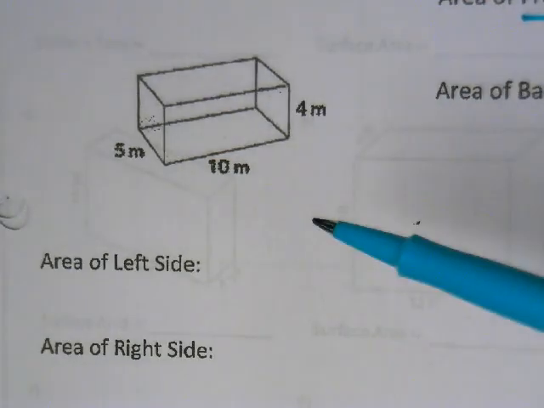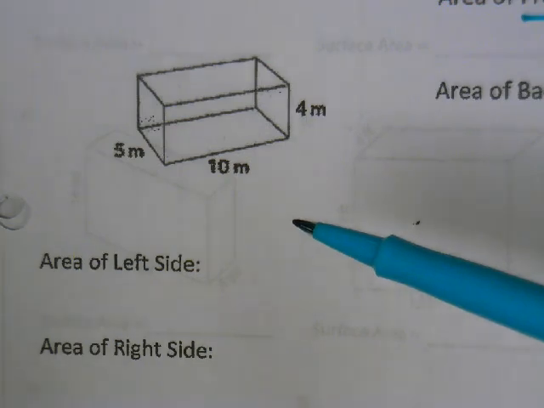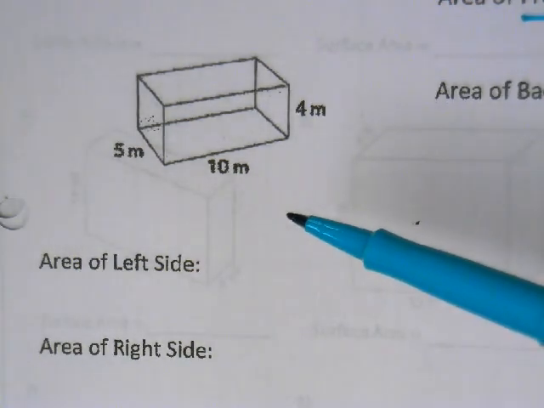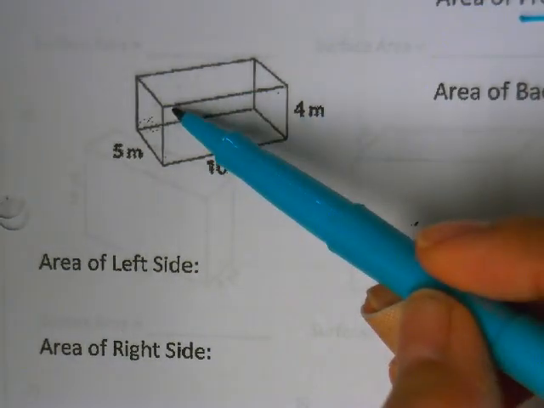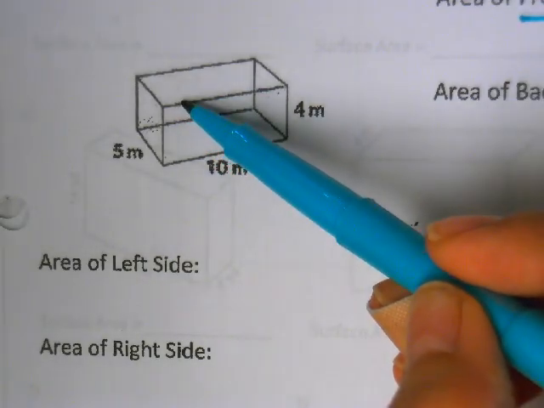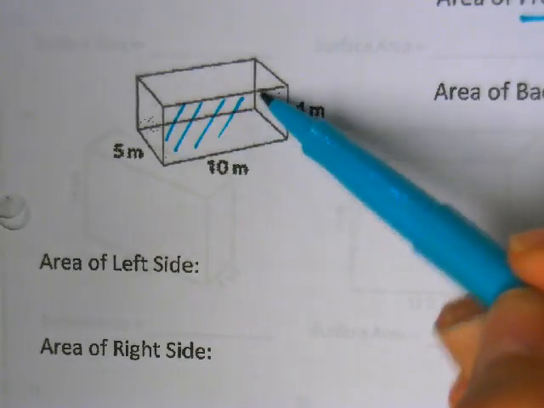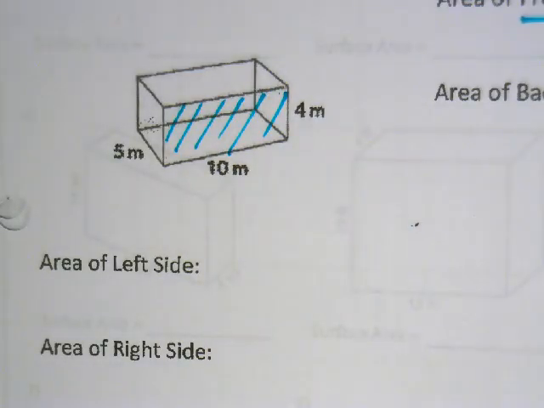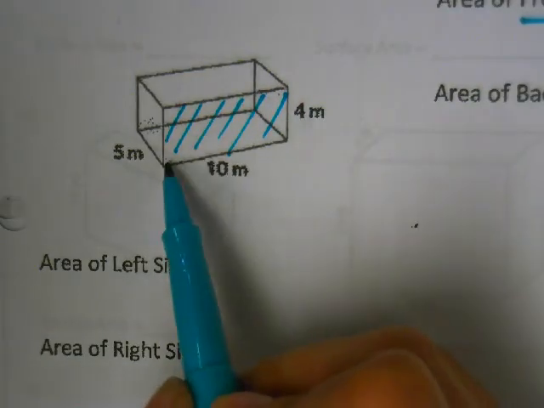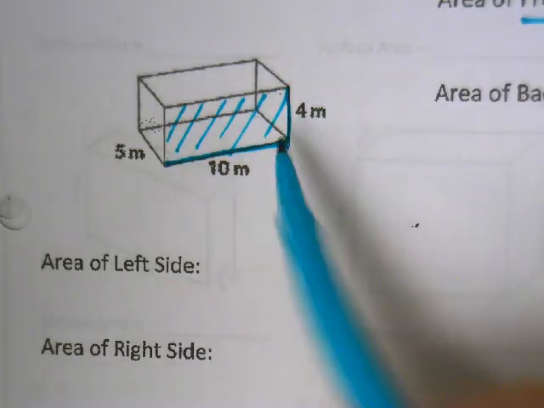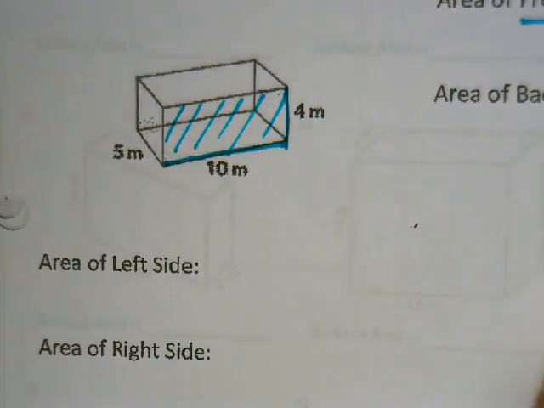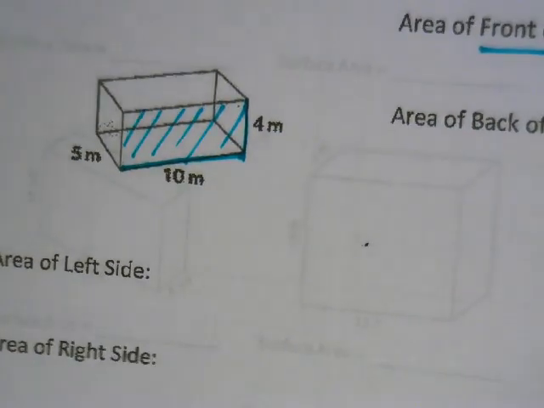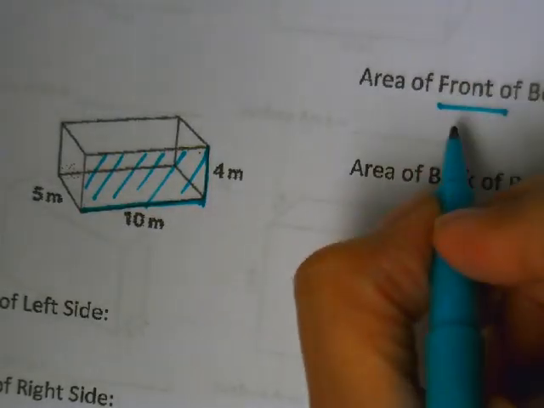We need two measurements, a length and a width, for the front side. Yes, 10 and 4. You don't have to do this unless you have a really hard time visualizing. This would be my front side, so my front side would be 10 and 4. You said 5. Once you start with 5, I stop listening.